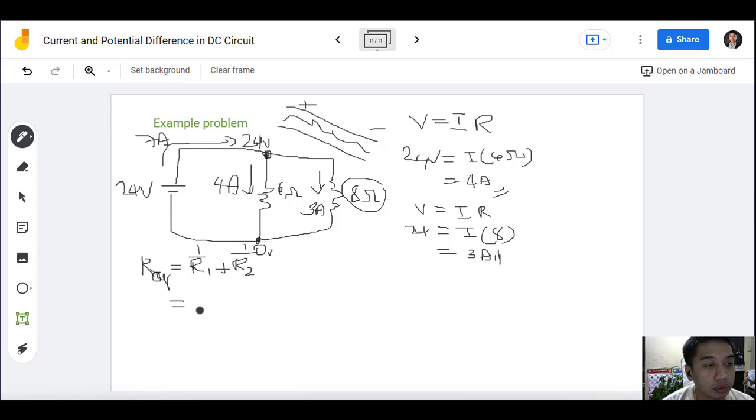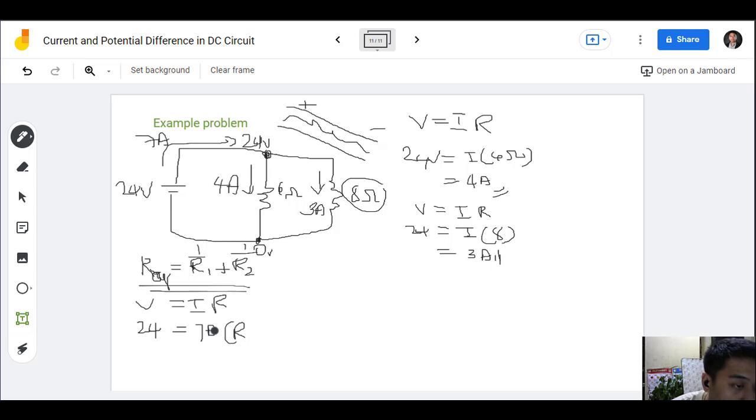Okay, so, to check muna natin, no, para makuha natin yung requirement nito, we will use also the Ohm's law. So, let's say the 24 volts is equals to, meron na tayong total of current, so 7 ampere.